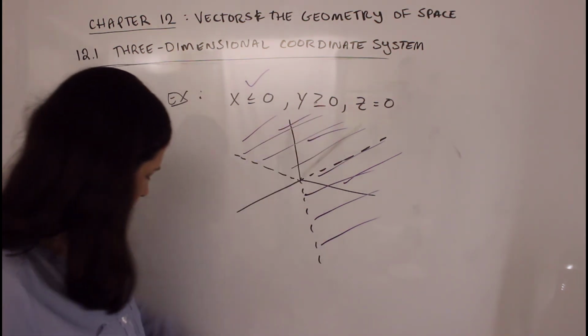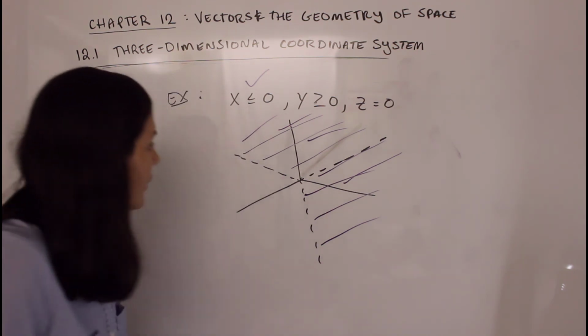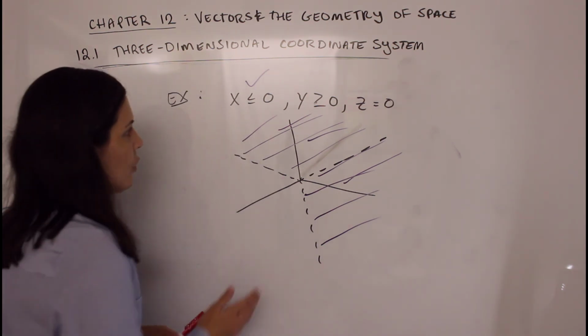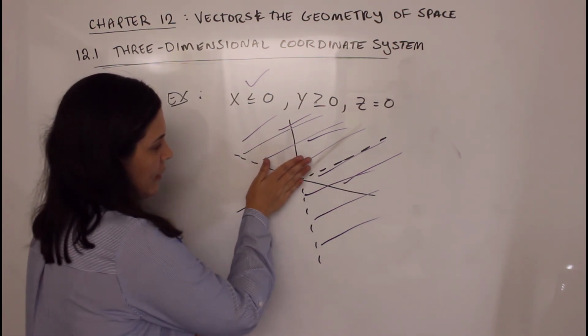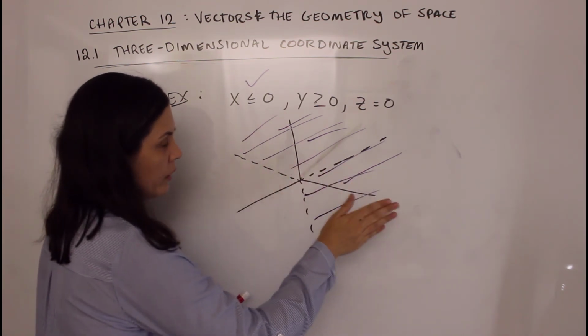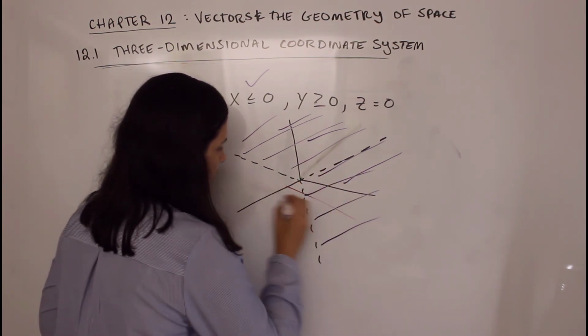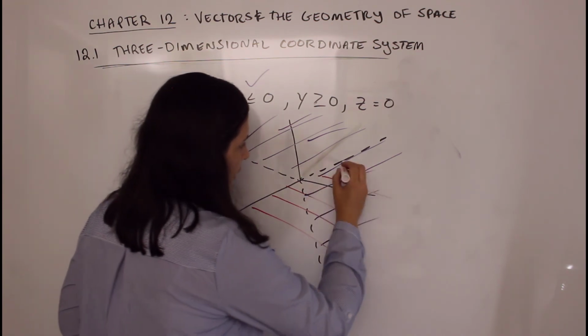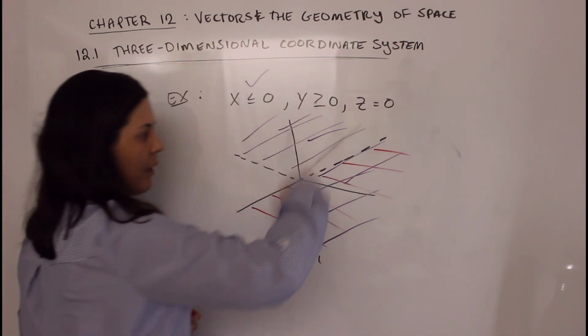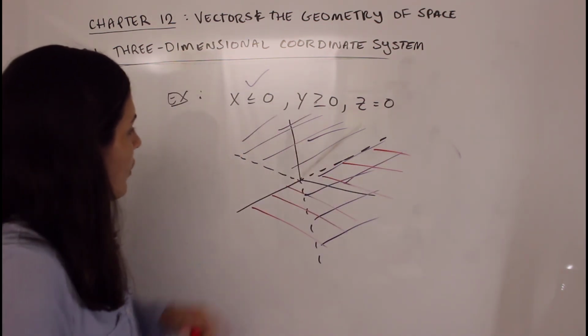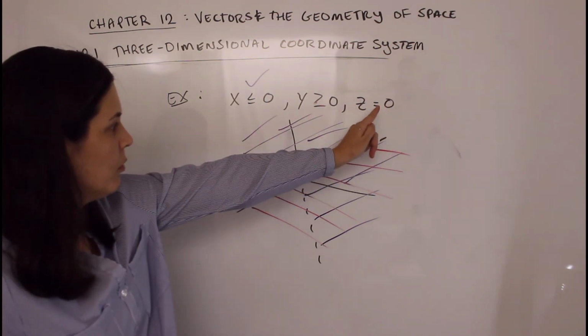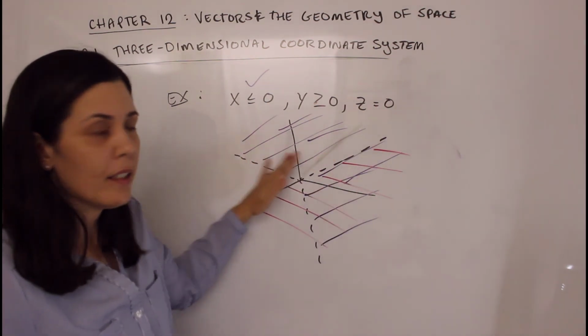Y is greater than or equal to 0. Let's go red on that one. So y is positive this way, forward. So that's over here and over here, and then everything above and below as well. Now, z equals 0 is the xy plane.